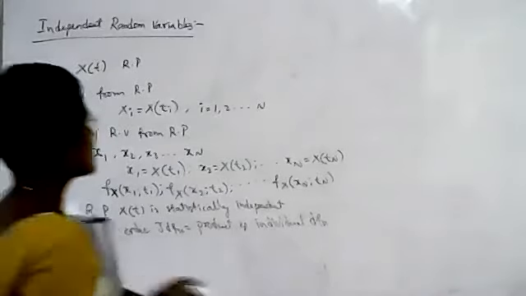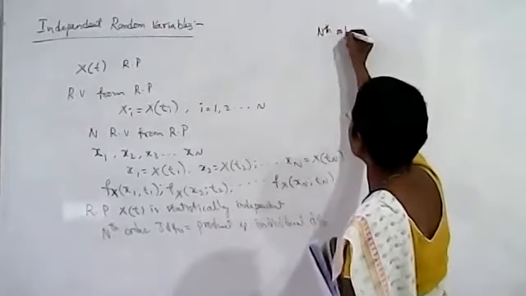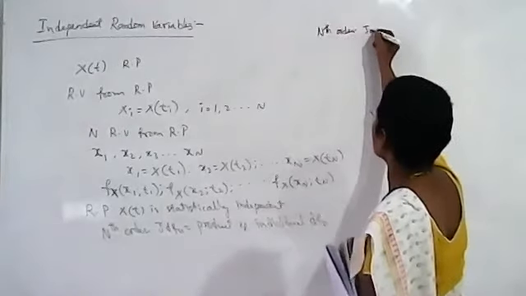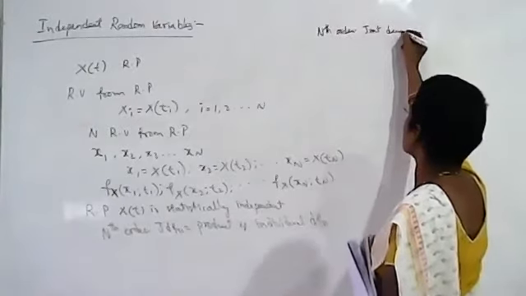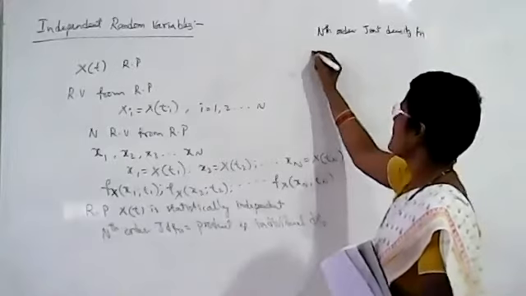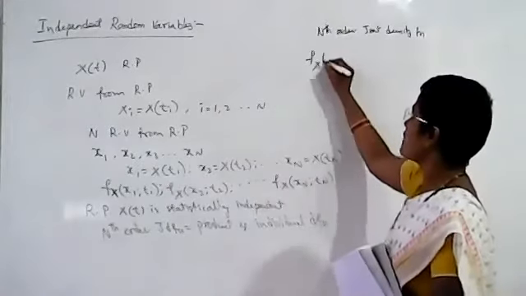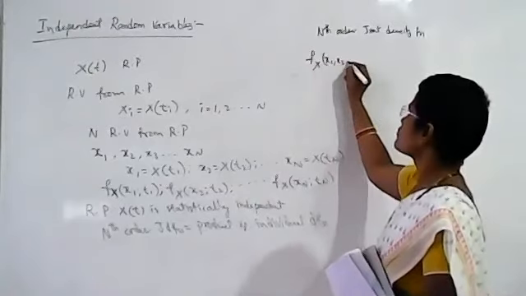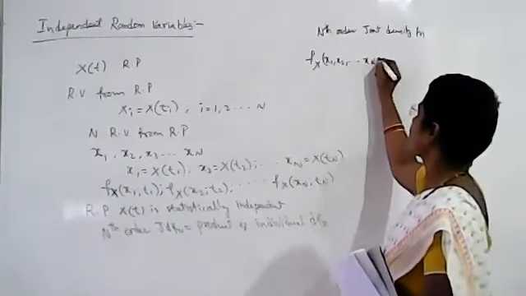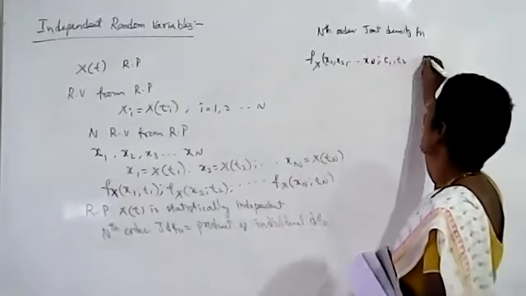Can you tell me what is the nth order joint density function? The nth order joint density function is given as fX, where we are getting these from the single random process X: x1, x2, and so on, xn at the times t1, t2, and so on, tn.